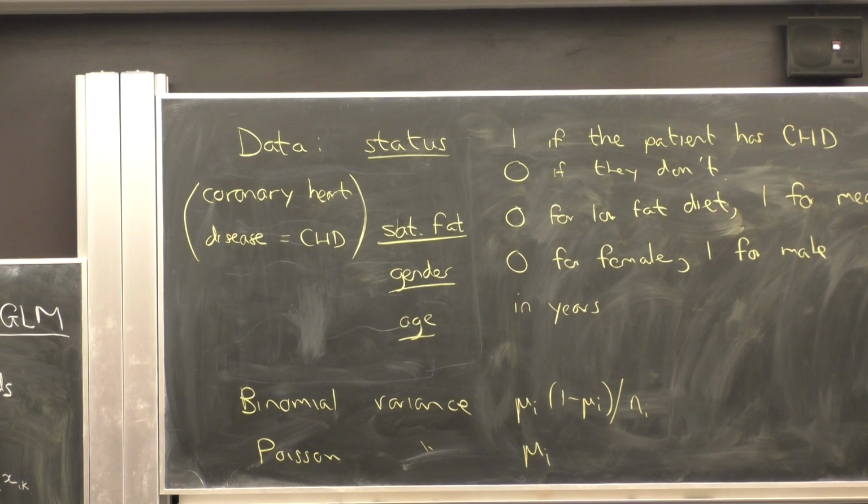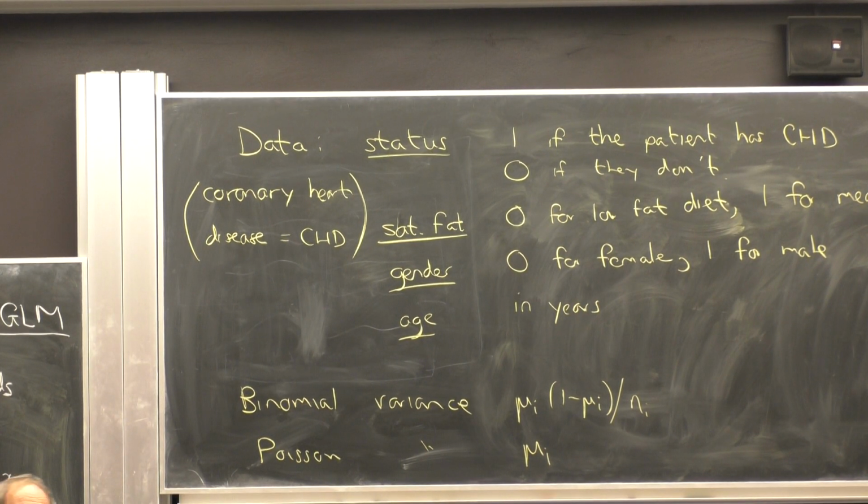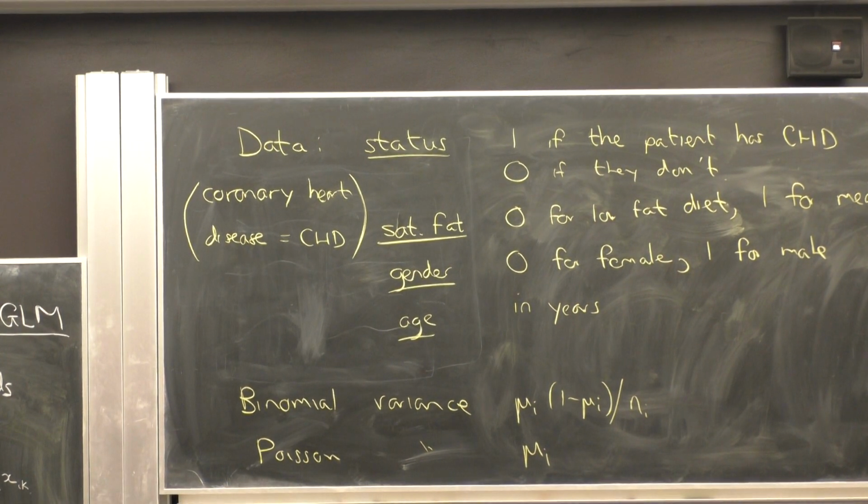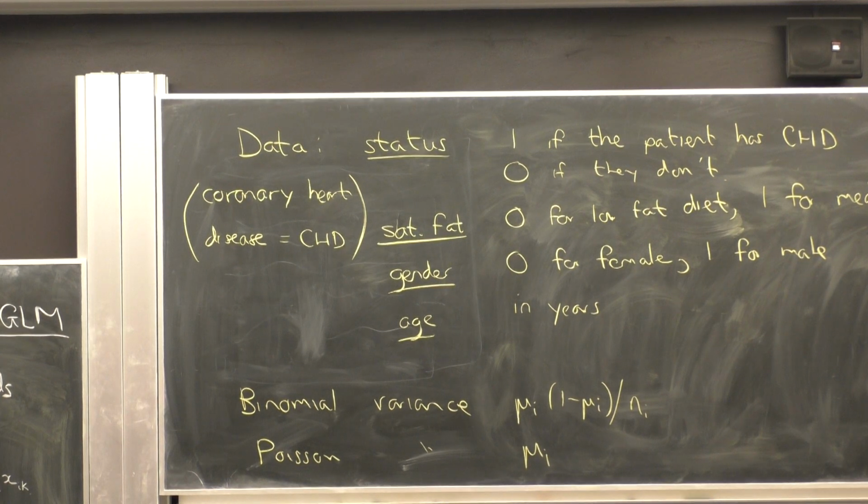Okay, so what we can do is we can assume that these still hold, except that we multiply these variances by phi. Okay, so that's what we're going to do. And it turns out that you can fit the model in the same way, estimating phi. So at the end of chapter 3, there was a little bit on estimating phi, and so we can do that here as well.